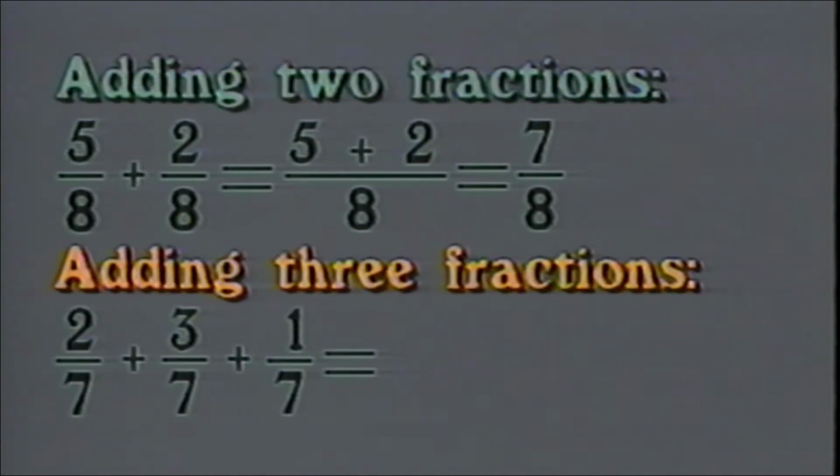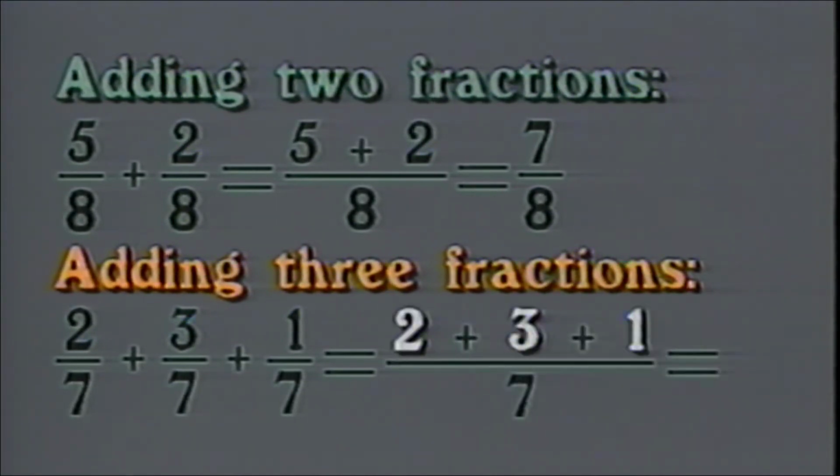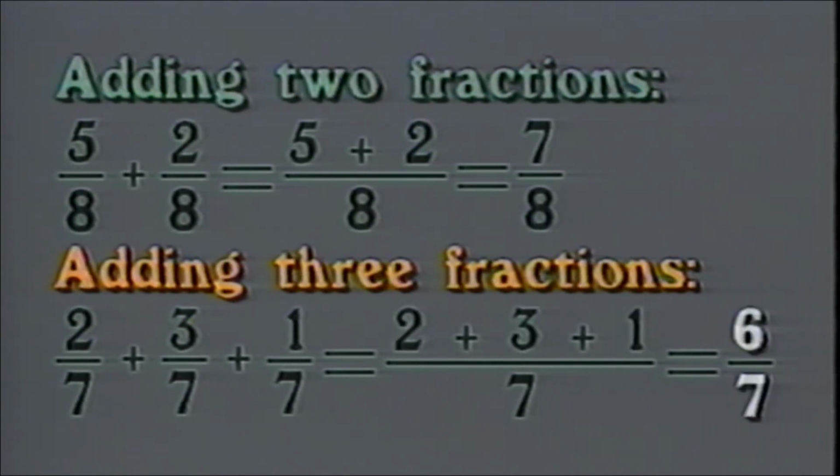Okay, how about 2/7 plus 3/7 plus 1/7? That's easy. The numerator is 2 plus 3 plus 1. The denominator is 7. That's 6/7.